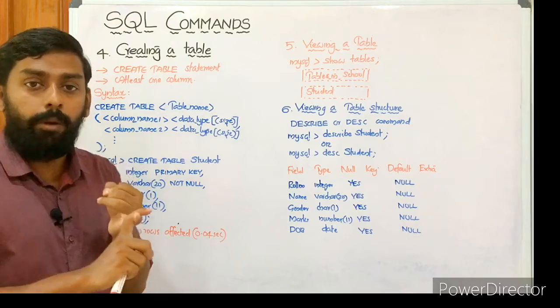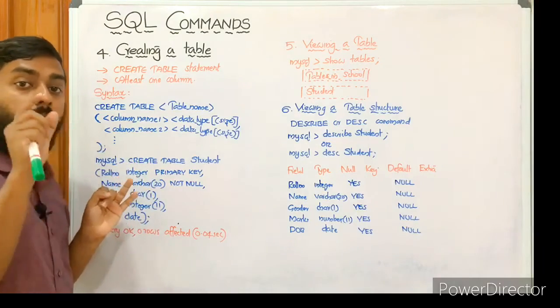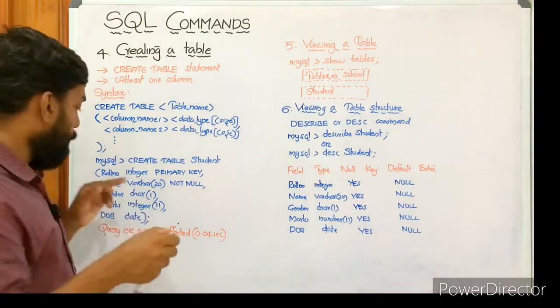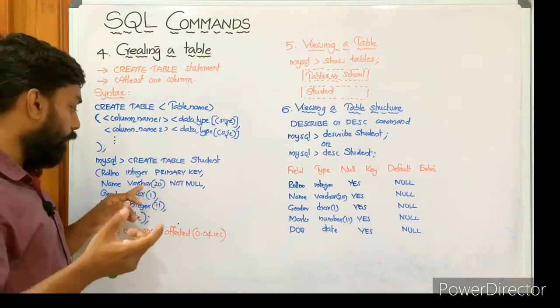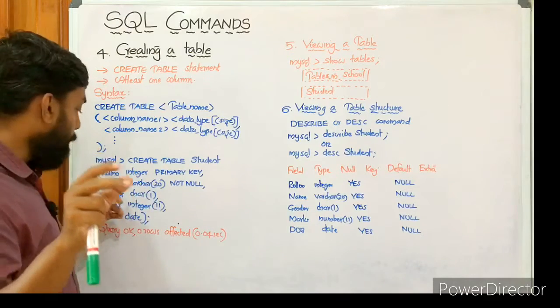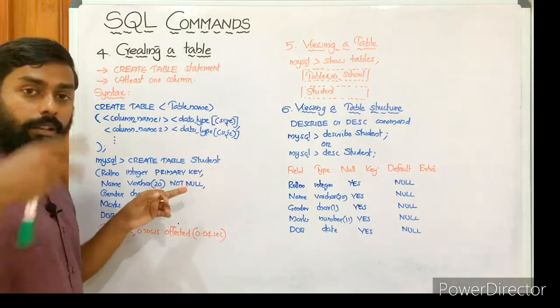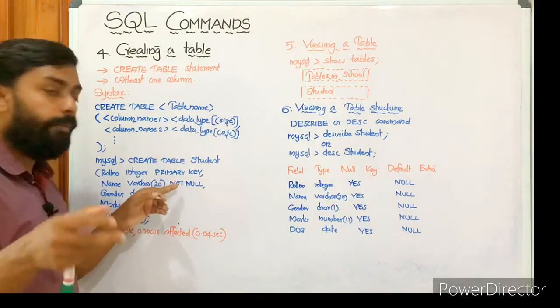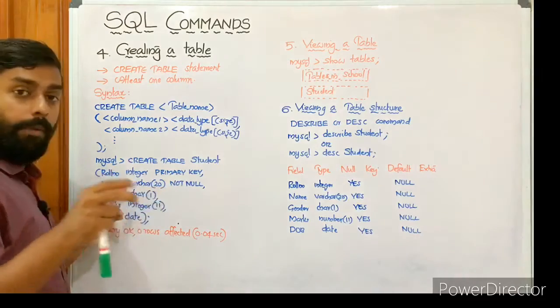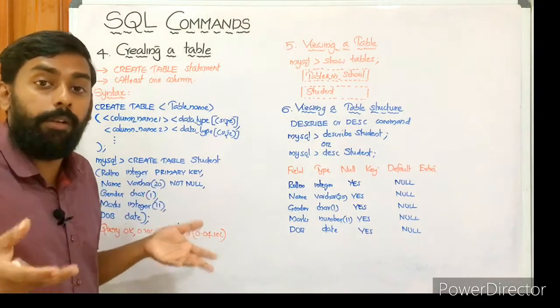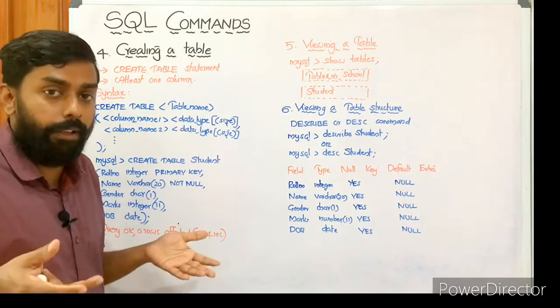There must be a value in roll number in this case, and it must be unique. That's what a primary key is. The second column is name, with data type varchar and size 20, and not null, which is another constraint. Not null means we must have a value in name, but there can be duplication, right?